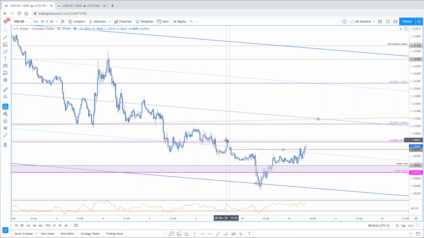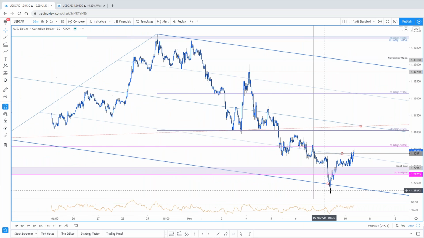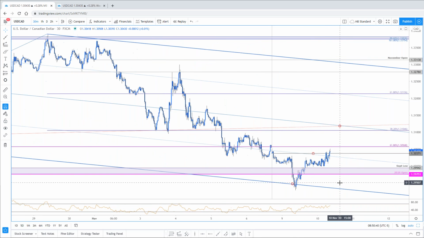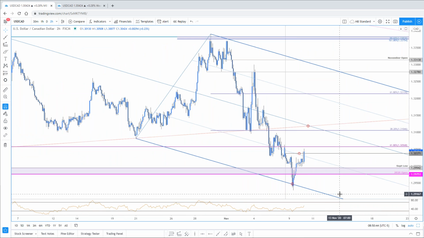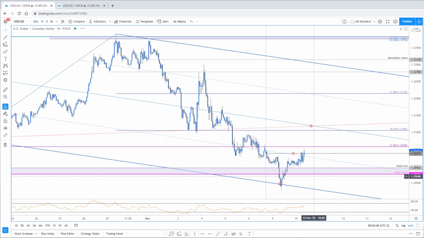If we see strength through 3060, there's another 40 pip run on to that 31 handle, the 38.2 retracement, just higher as that confluence resistance zone near 3120. Now you try to give color to the ascent, right? You want to give yourself an upslope to look for as far as a gradient.